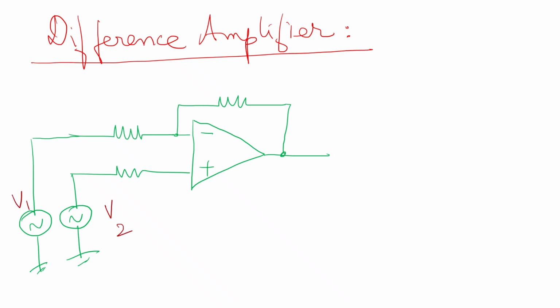V1, V2, R1, let the feedback resistor be R2. So the input resistors are R1 and R3. They are maintained at the potential of VA and VB.